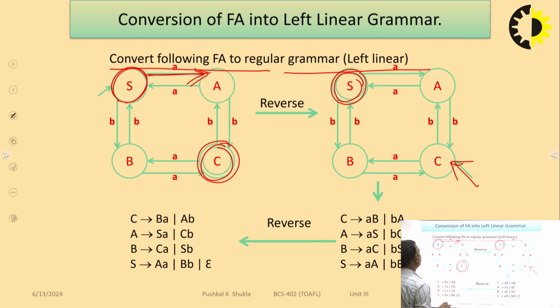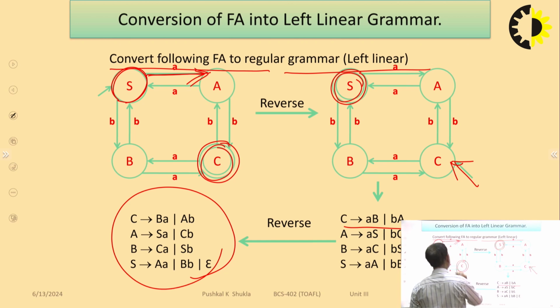We write the right linear grammar of this, and again reverse it and we get left linear. So in this way we can convert a finite automata to the left linear grammar.